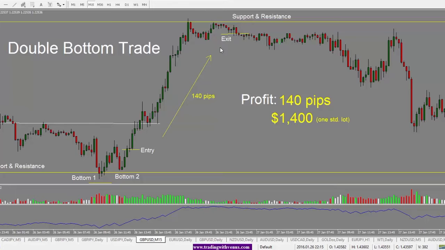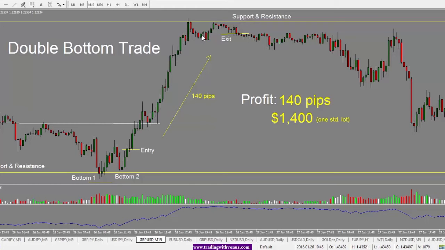And this is an example of a double bottom. Just to summarize, price comes in, establishes the first bottom, comes and tries the same level again, giving us a second bottom here. Then price starts to move up. We take our trade right over here, putting our stop loss below the first bottom, and we're looking for a move to the upside, and we stay in the trade as long as the price keeps moving higher.